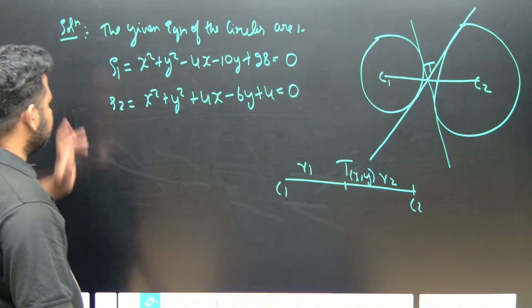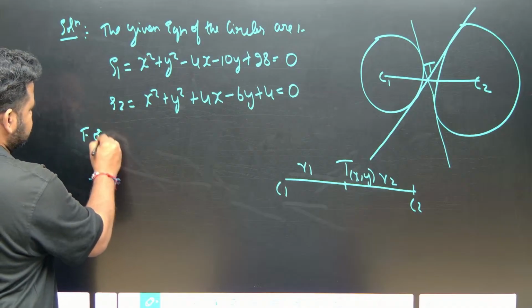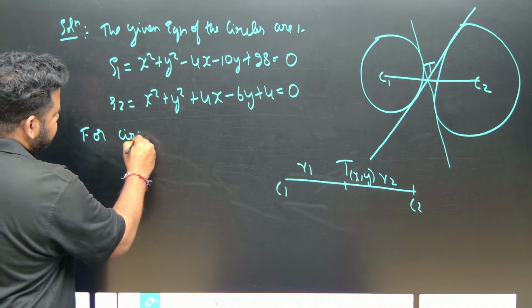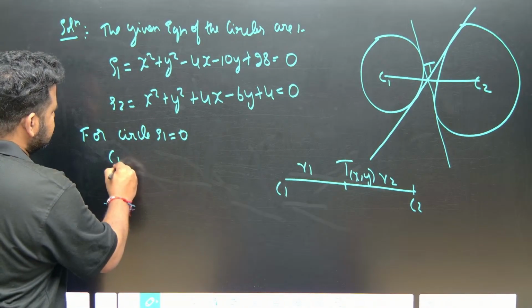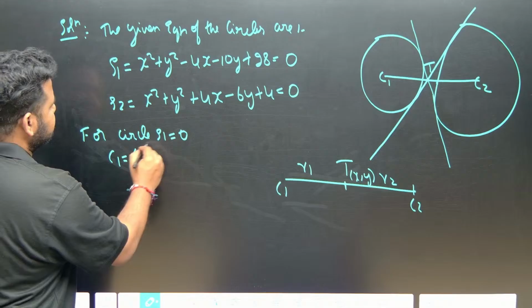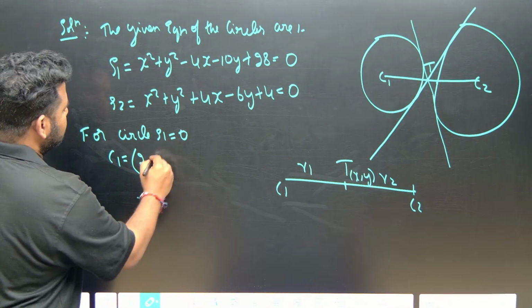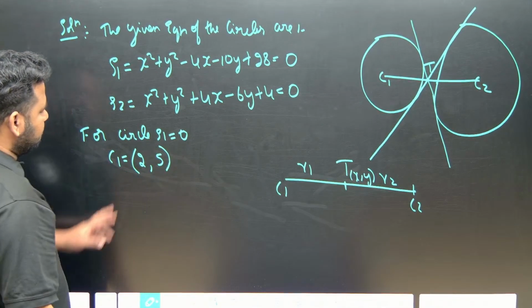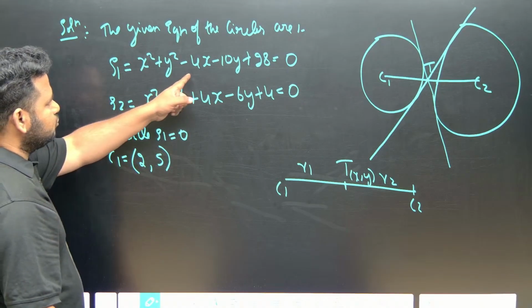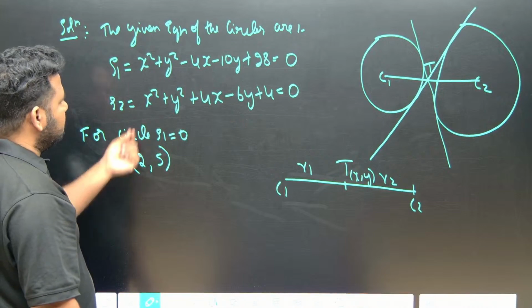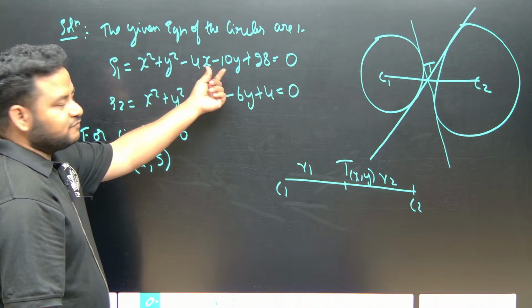First let us take circle S1. For circle S1 is equal to 0, what is the center? Center C1 is equal to 2 comma 5. I am writing directly, because minus g comma minus f is nothing but 2 comma 5. So this is 2g, this is 2f. So g is minus 2, f is minus 5.